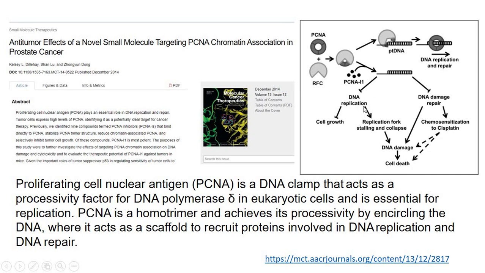So same here, it will inhibit the DNA replication, inhibit cell growth by inhibiting replication. The replication fork will stall and collapse, and that will lead to more DNA damage and cell death. So these appear to be pretty good candidates for cancer treatment. And this paper here, this is the PDF link for the same paper. This is a really nice overview of this mechanism.